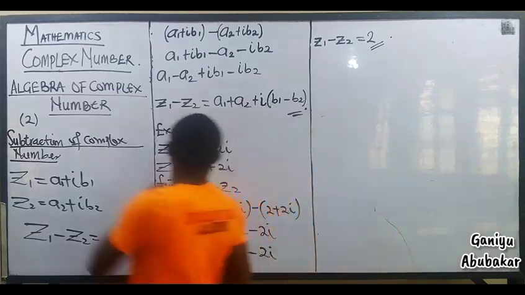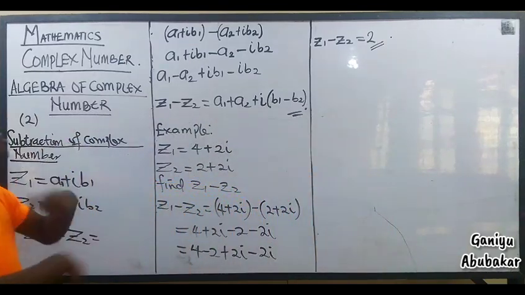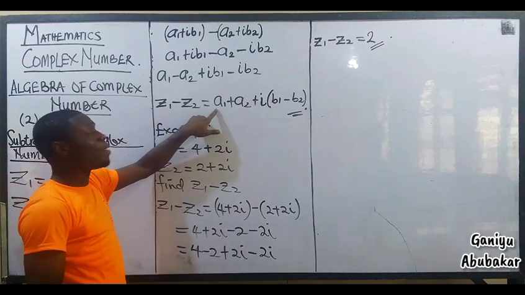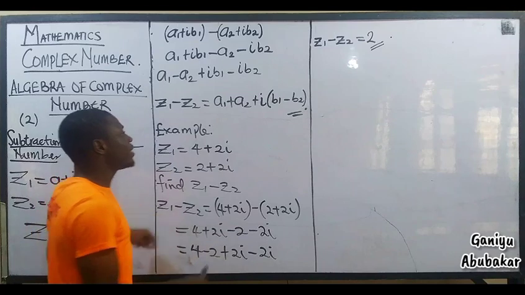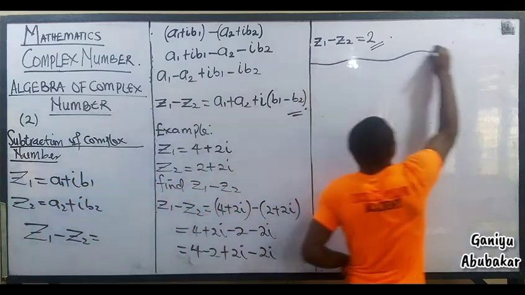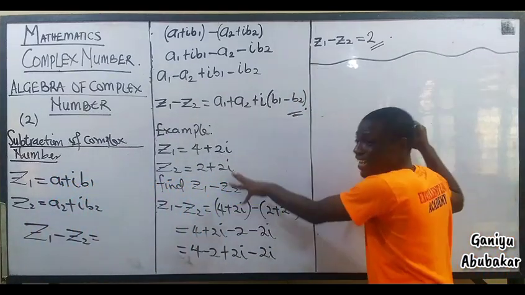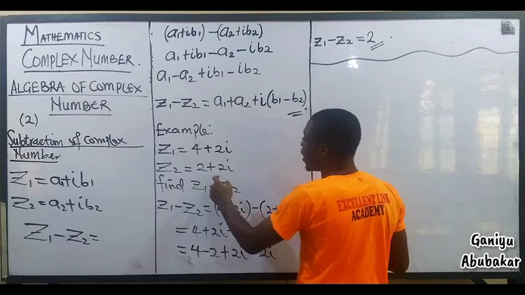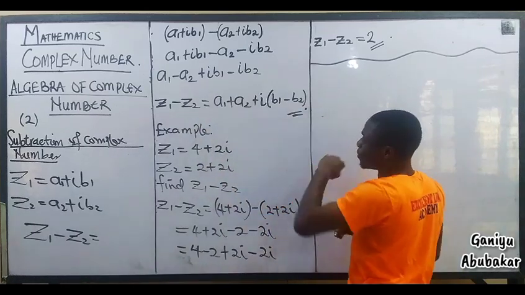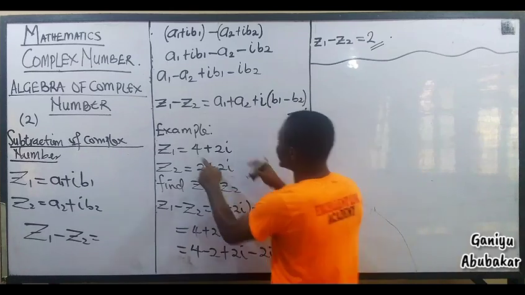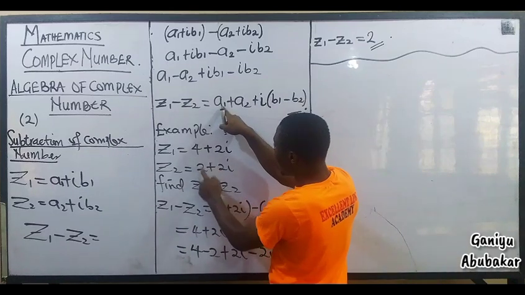Now listen. I can choose to use this formula to find my z1 minus z2. Let's say I don't want to solve this directly. I can still apply this formula to solve this one here. Note that a1 is this, a2 is this, right?